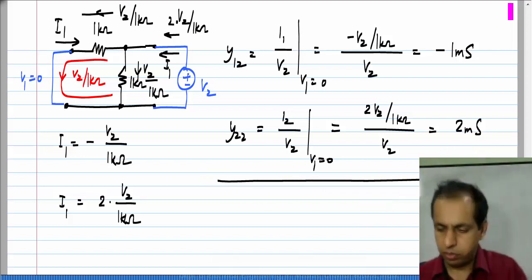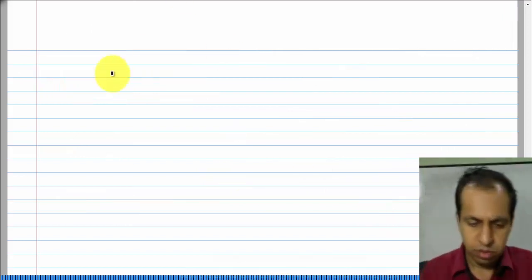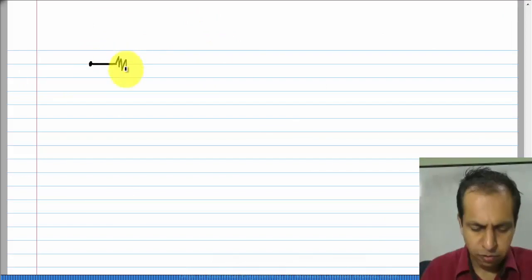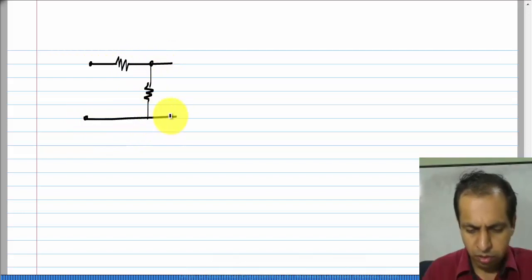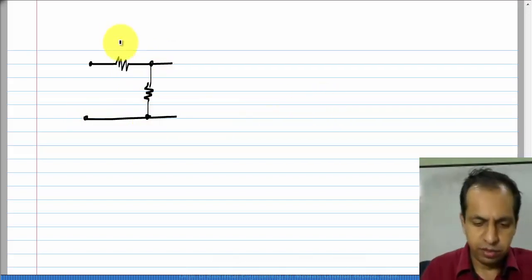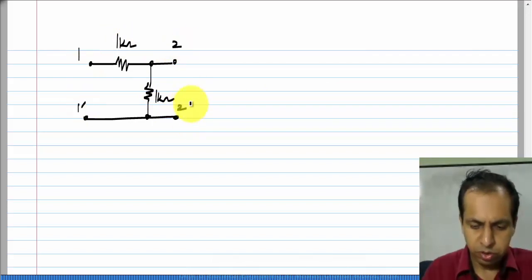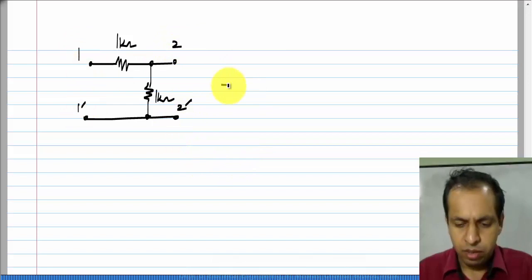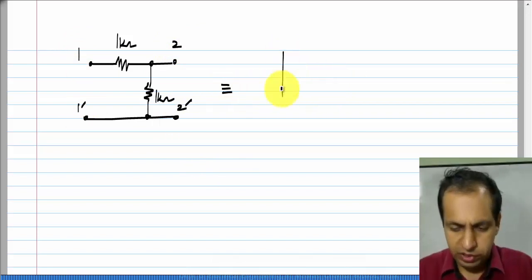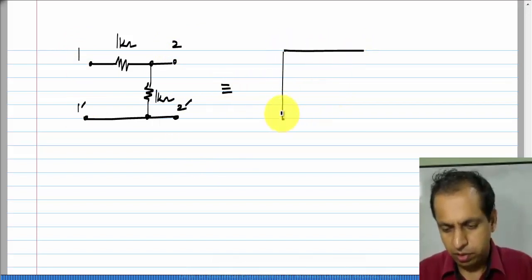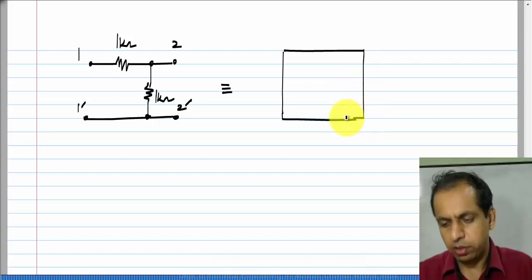So, now we have this circuit, 1 kilo ohm and 1 kilo ohm, 1 prime, 2 prime. A representation of this is as a 2-port network.